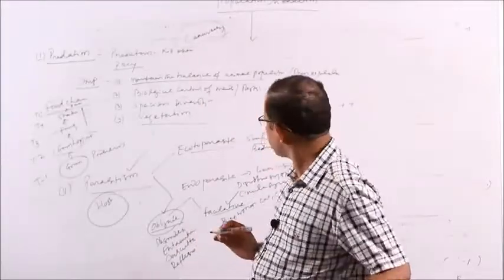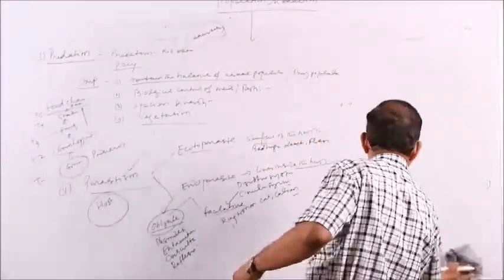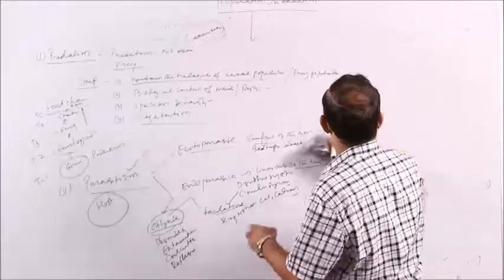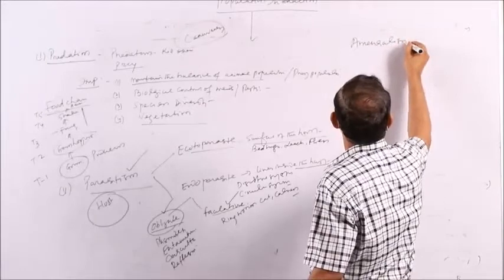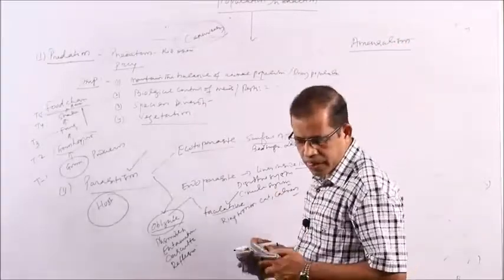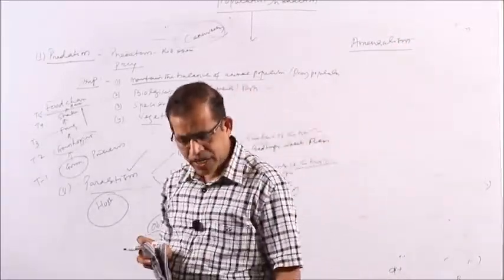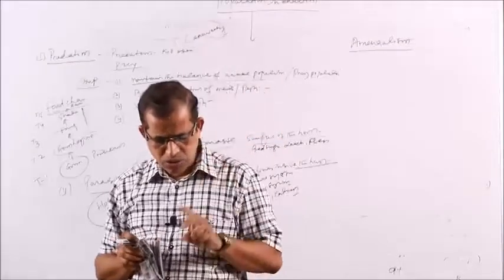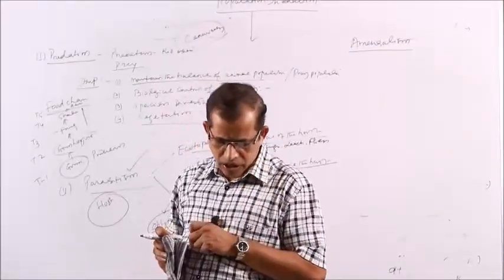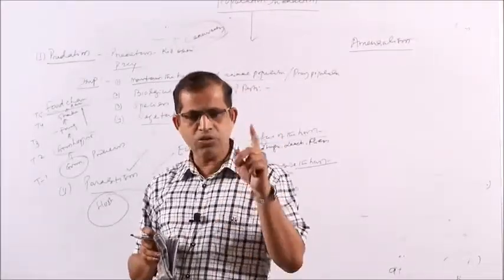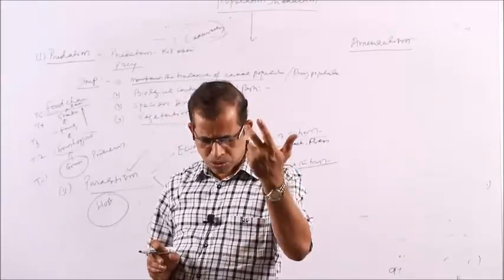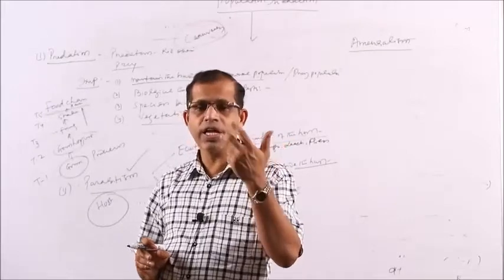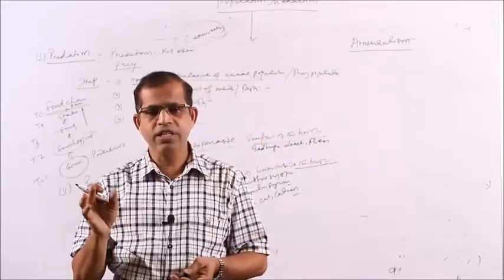Next we can discuss amensalism, the third one. Amensalism is the interaction between two living organisms of different species, in which one organism does not allow others to grow or live near it.